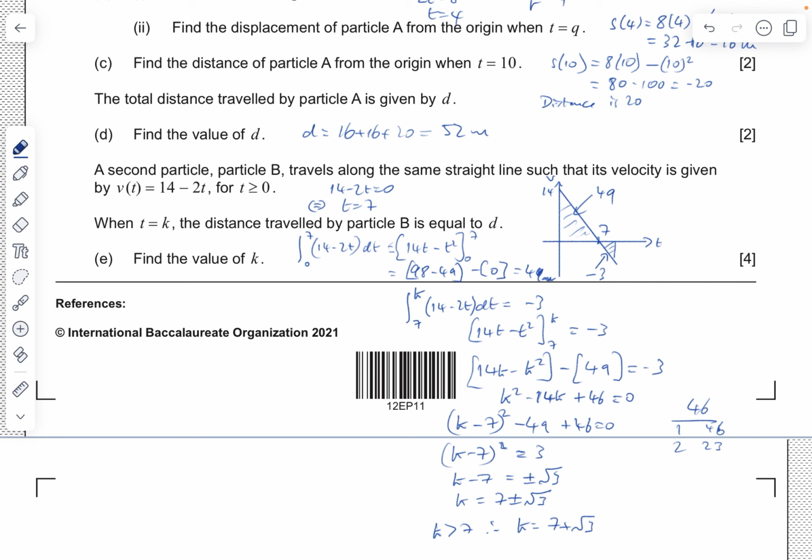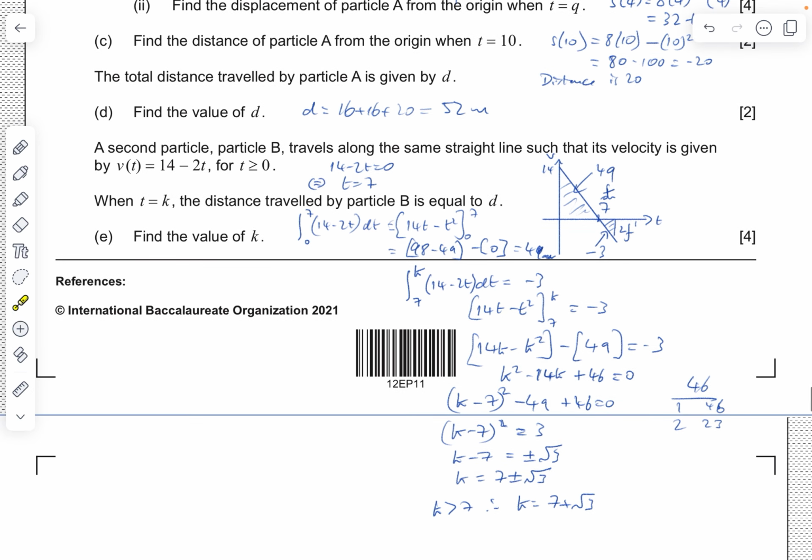Let's look at the triangle solution, see if that's any easier. I know this is gradient 2. So whatever distance I go along there, let's call that f, then this must be 2f because the gradient is 2. So then I know that the area of that triangle, which is f times 2f over 2, equals 3.